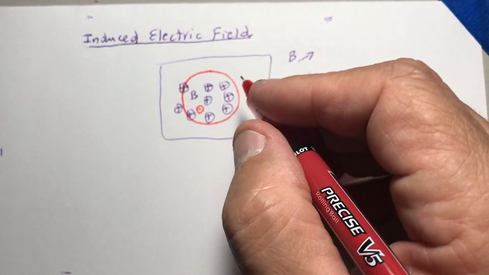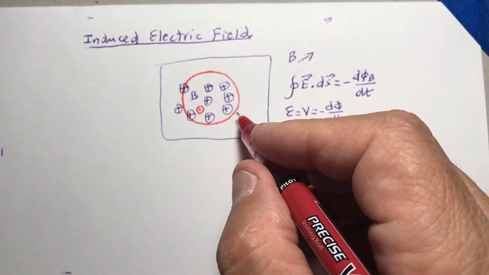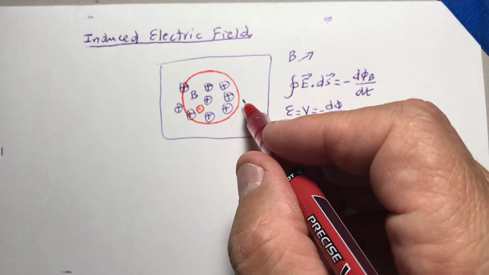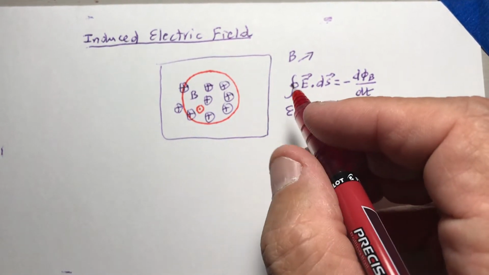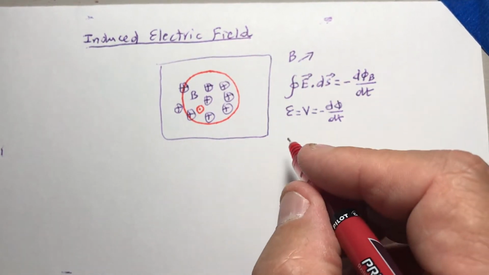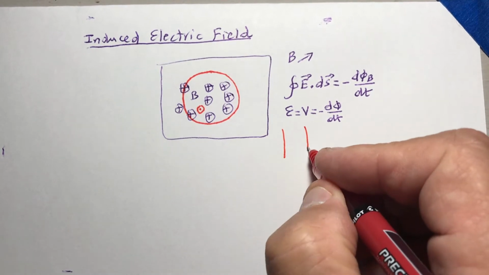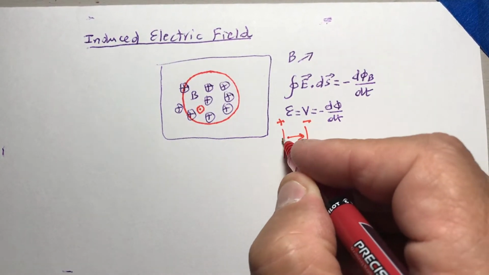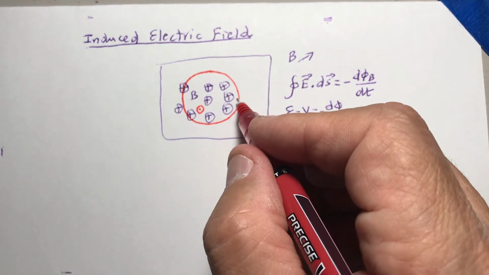So we know that the current goes from positive to negative, and we also know that the electric field goes from positive to negative. If you have, for example, here two plates, this is negative, this is positive, the electric field goes like that. So what's going to happen?